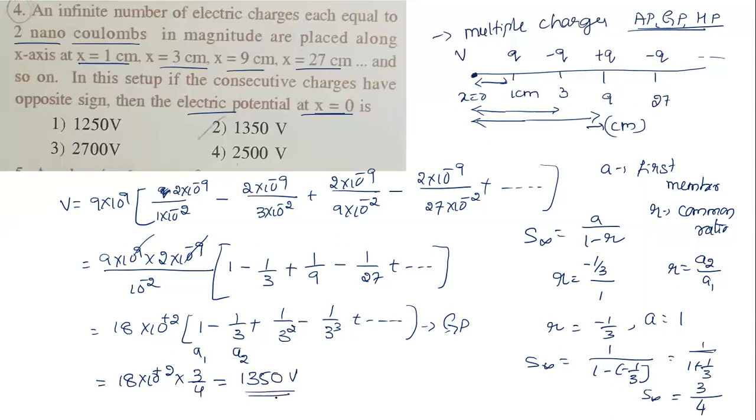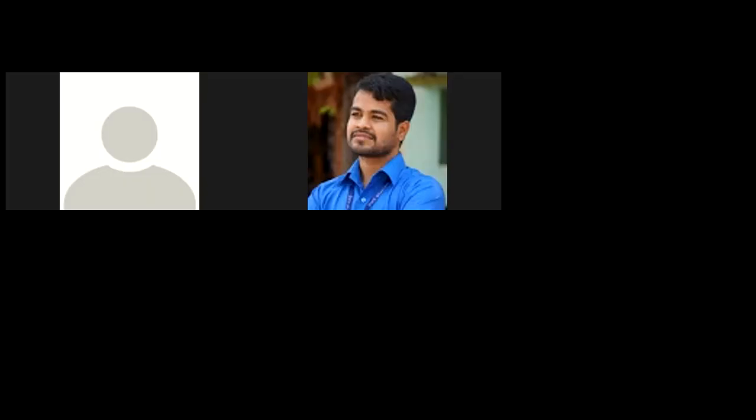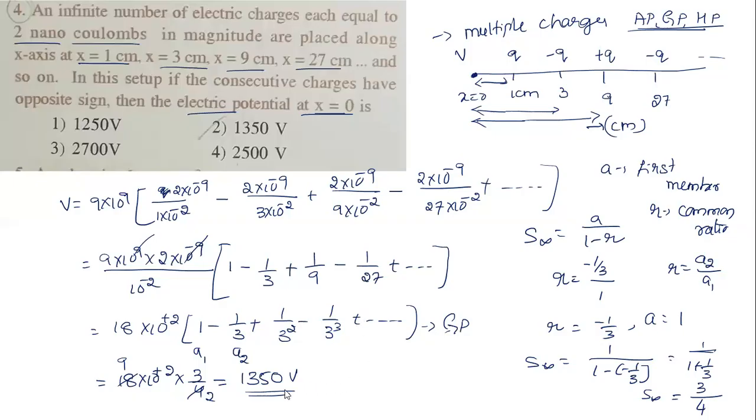This is 2 times 9 times 9 3 is 27, 27 by 2. So you get 1350.